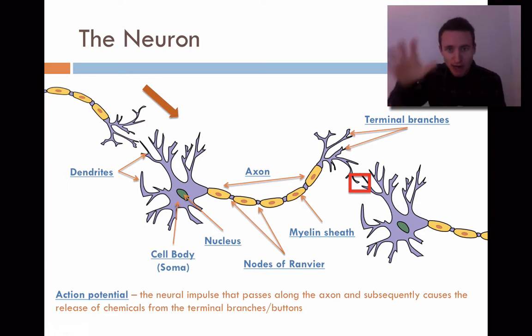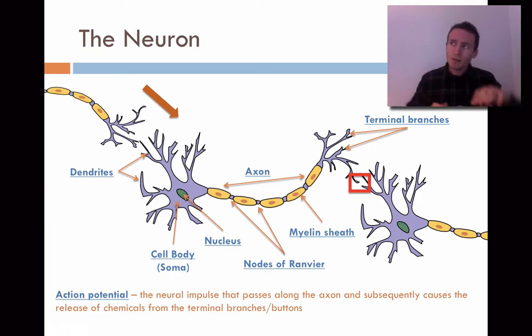But right now we're trying to obviously simplify the process, focusing on just the connection between a few neurons. So imagine this neuron over here is currently receiving chemical information from neighboring neurons. And some of these incoming messages are excitatory. They're saying, go, go, go, hit the accelerator. But other neurons are inhibitory. They're saying, stop, stop, stop.